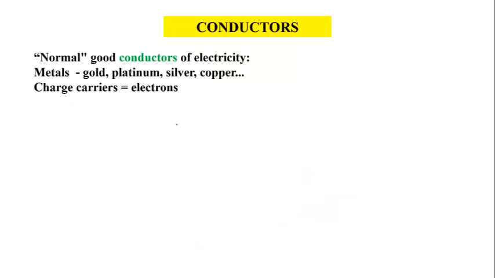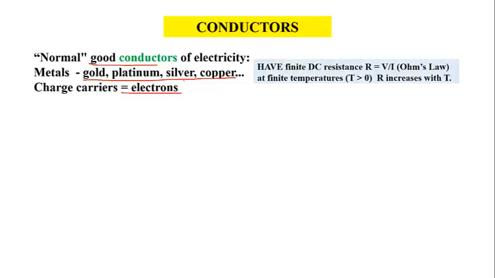So in terms of these typical normal good conductors, we're talking metals. Here are some of the best: gold, platinum, silver, and copper. The charge carriers in these materials are electrons, and that's such that you have a finite DC resistance at finite temperatures.